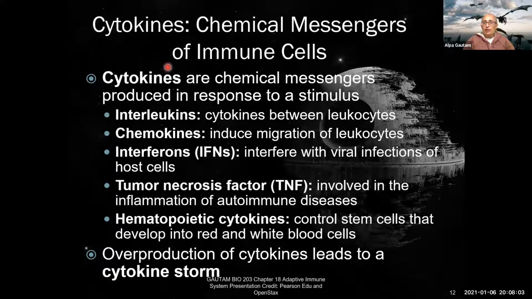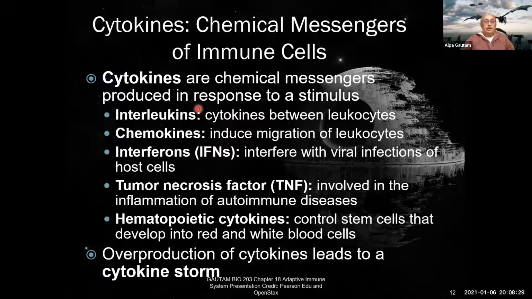So we talked about cytokines for the last lecture, and cytokines are, again, this umbrella term of chemicals that cause cells to proliferate and also differentiate. So cytokines are chemical messengers that are produced in response to a stimulus, and they cause differentiation and proliferation. So the different types of cytokines, we looked at interleukins already.